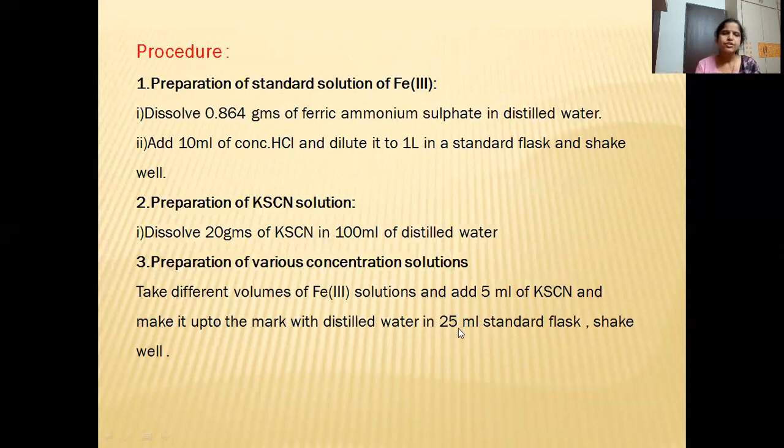In those, you have to take the standard iron solution which was prepared in the first step. In the first standard flask you can have 10 ml, in the second you can take 15, then 20, 25, like that. For all the 5 standard flasks, we have to add 5 ml of potassium thiocyanate also.